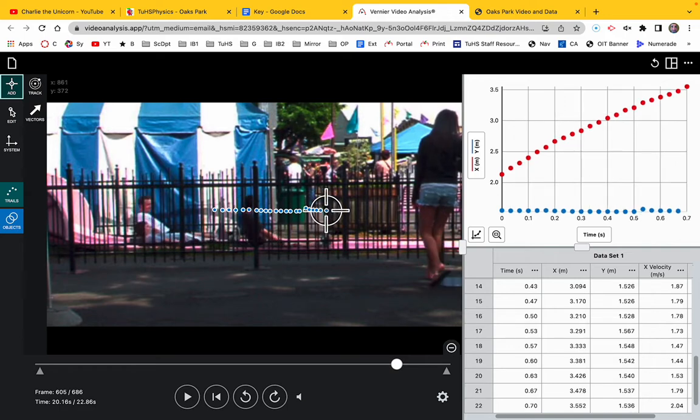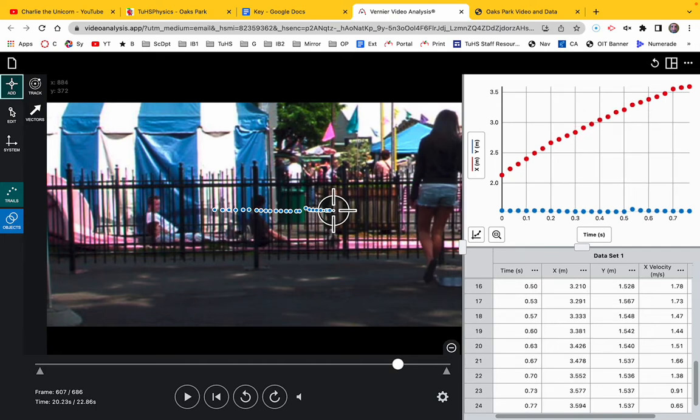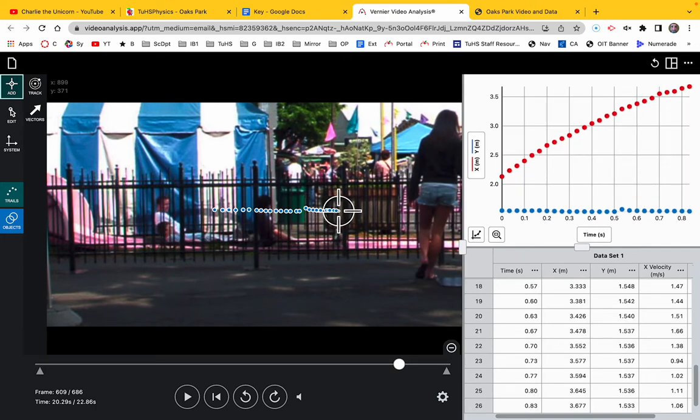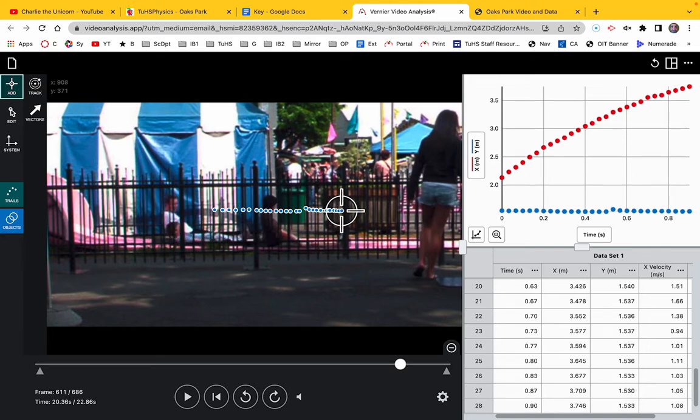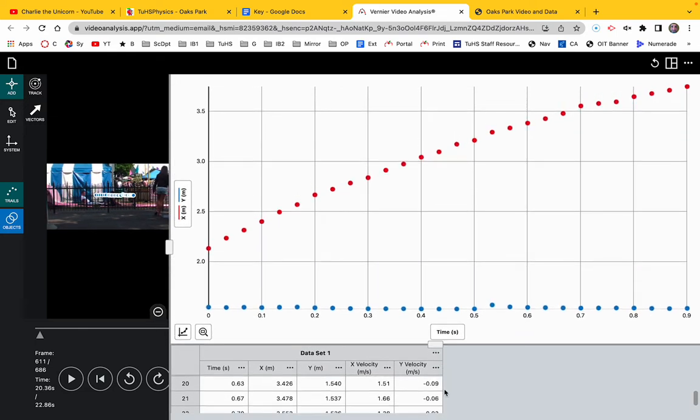Notice that this guy's slowing down. All right, that's probably enough clicking, right? So I'm just going to take this and go like this.